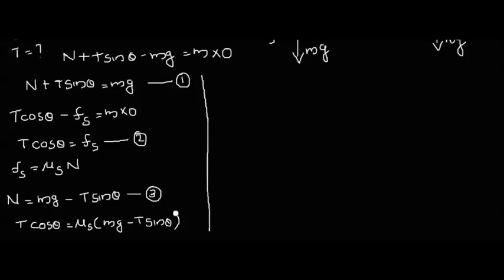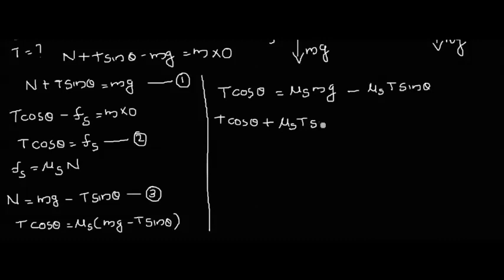T cos theta is equal to, opening the bracket, mu s mg minus mu s T sin theta. Now taking this term to the left hand side, I get T cos theta plus mu s T sin theta is equal to mu s into mg.